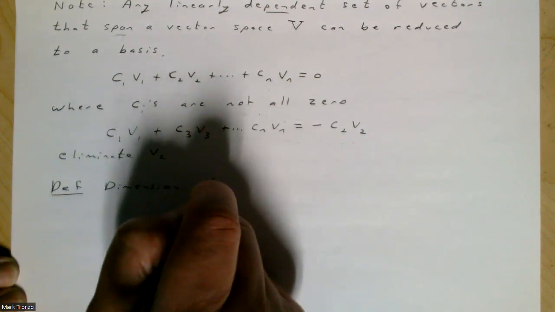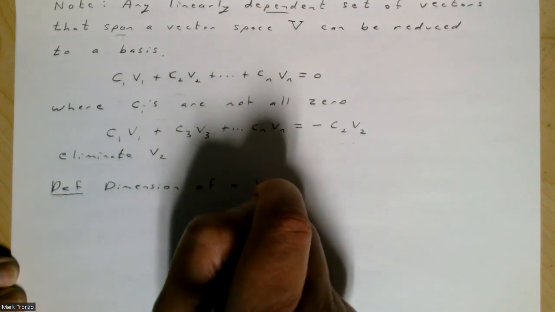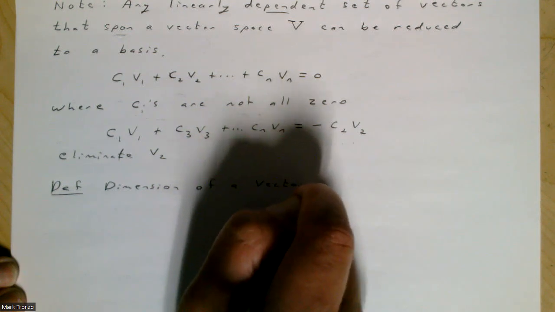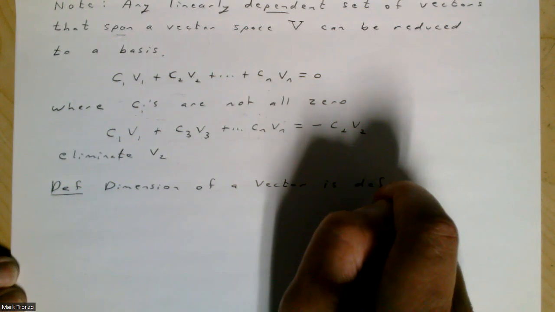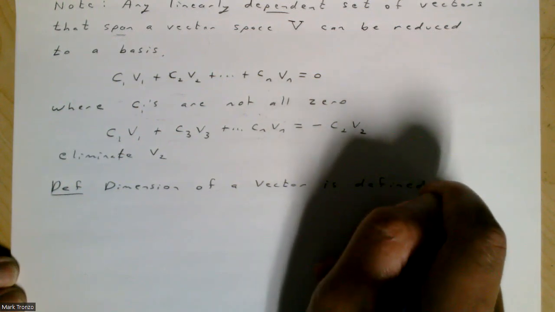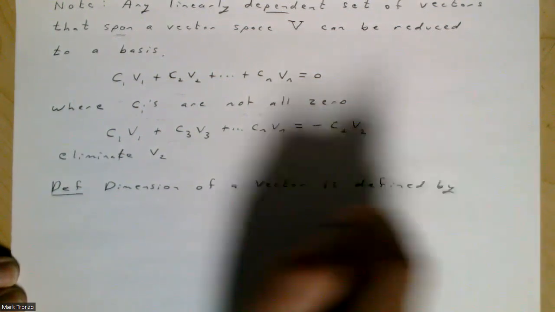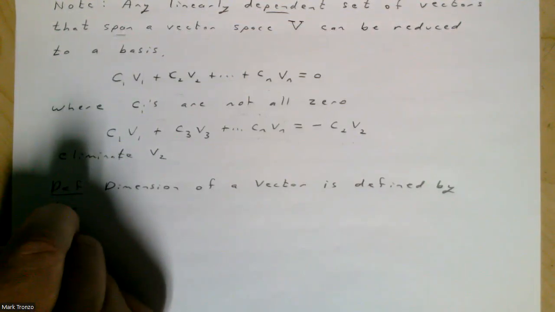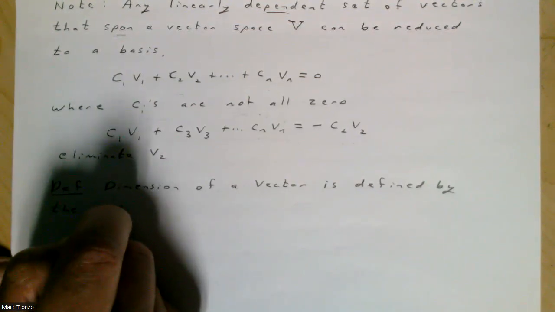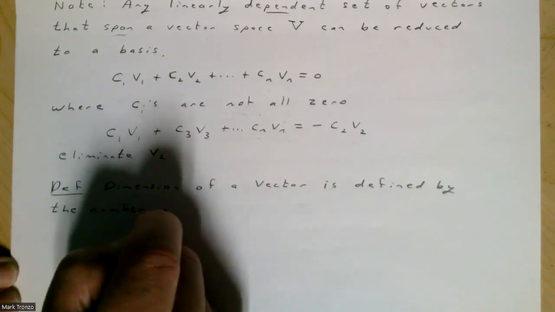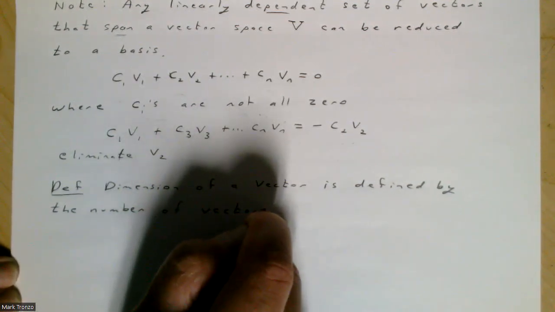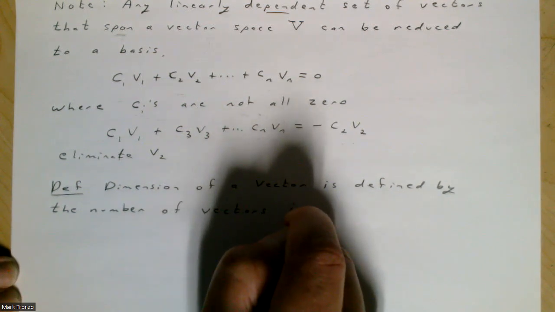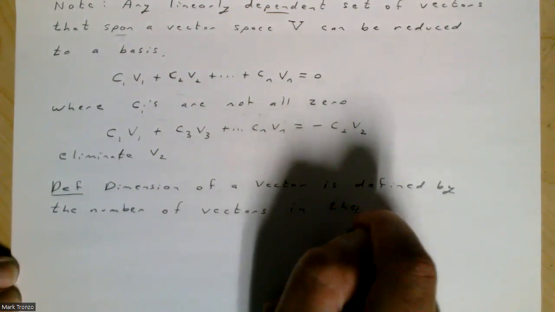The dimension of a vector space is defined by the number of vectors in the basis.